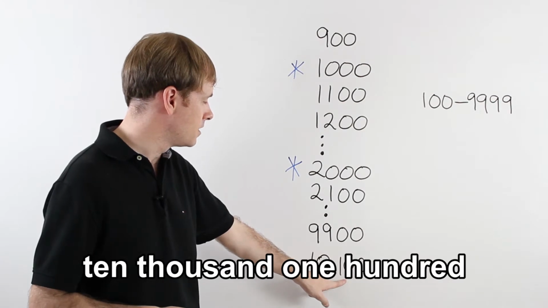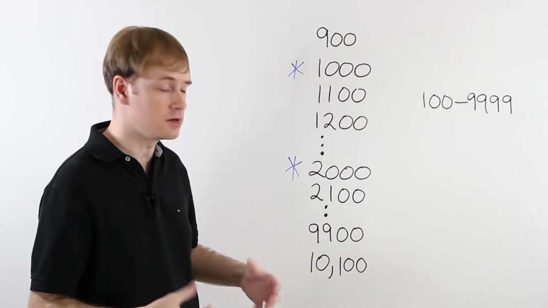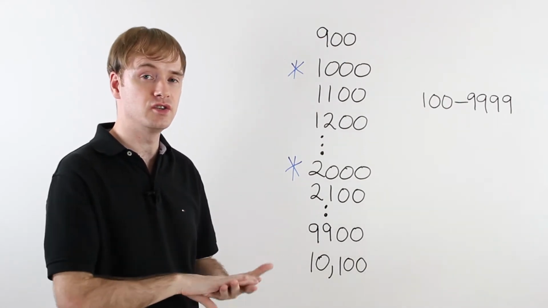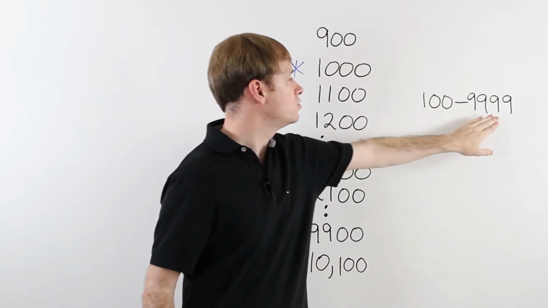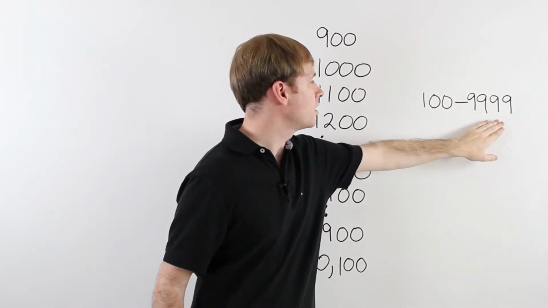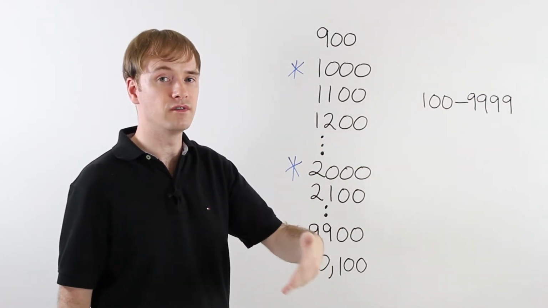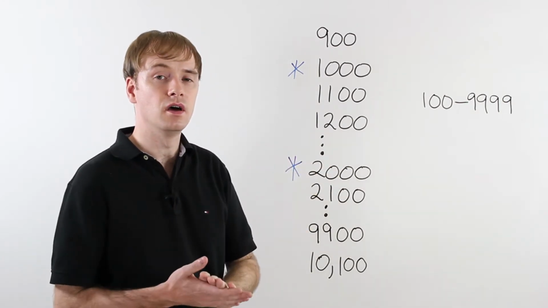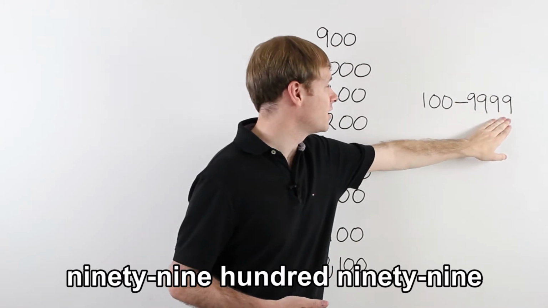Okay, this can be "ninety-nine hundred," but when you're getting into bigger numbers, you have to stop saying hundred and change to thousands, okay? So you can say hundred between these numbers, all right? So from 100, 200, 300, 400, 500, all the way up to 1000, 2000, up until 9999.